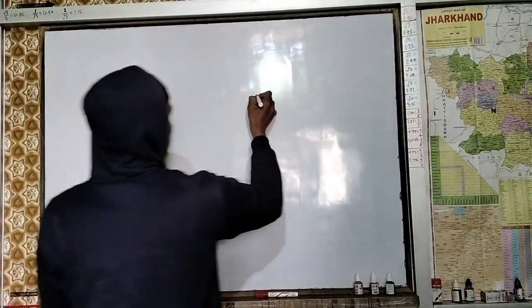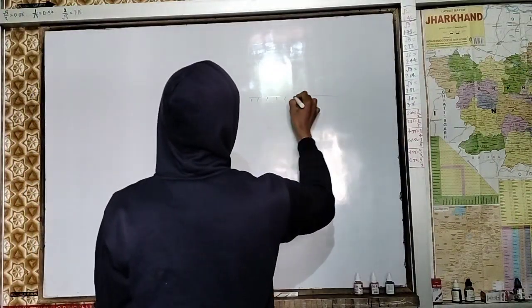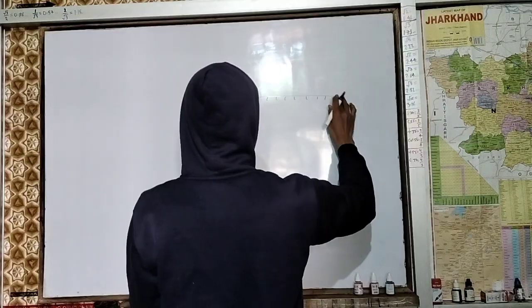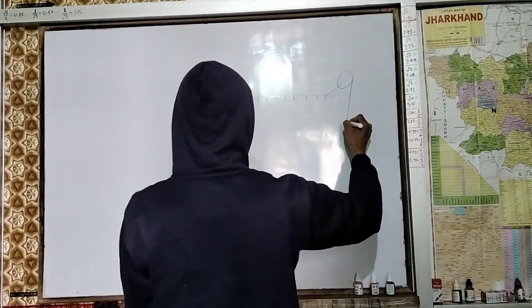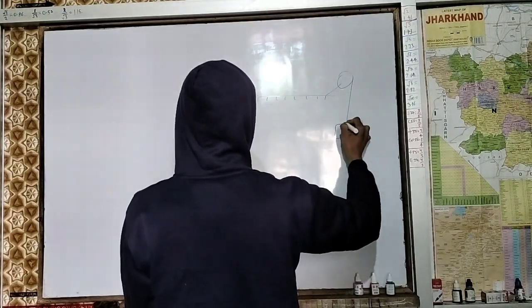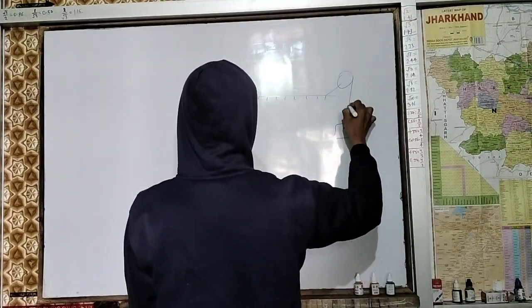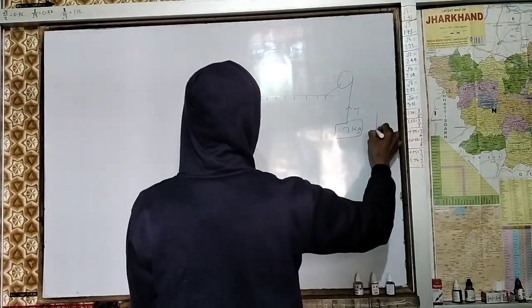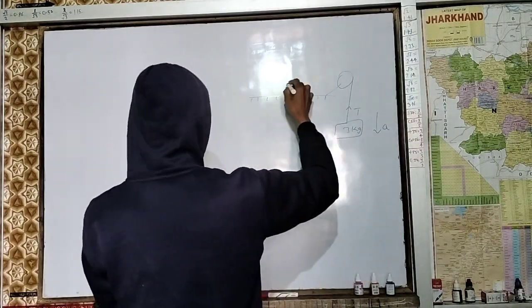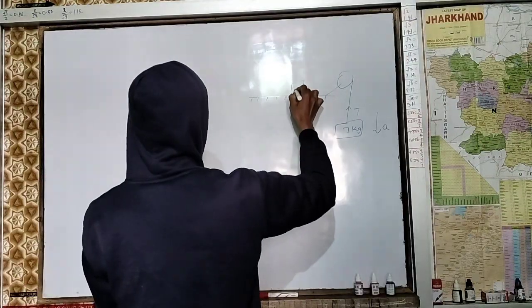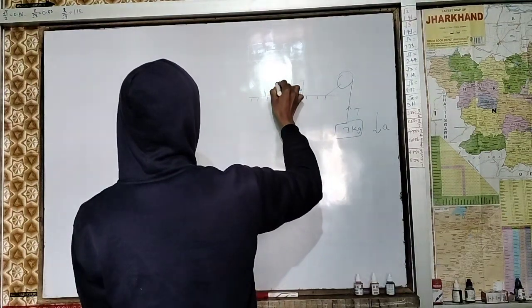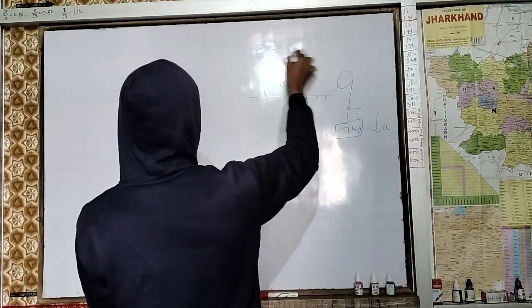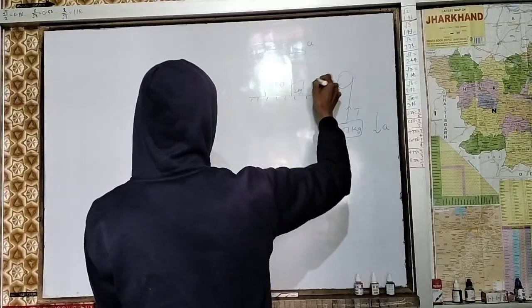Next question is, three kg T1 acceleration is downward, and there are two objects. One is a 2 kg, second is a 4 kg. 4 kg acceleration is forward.